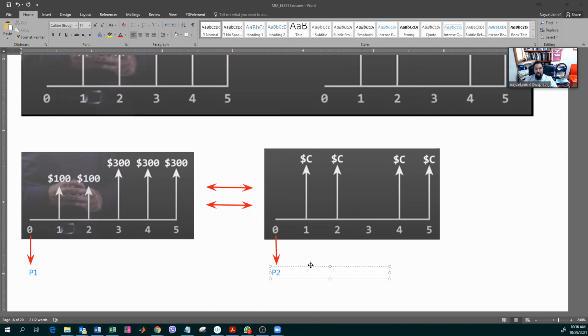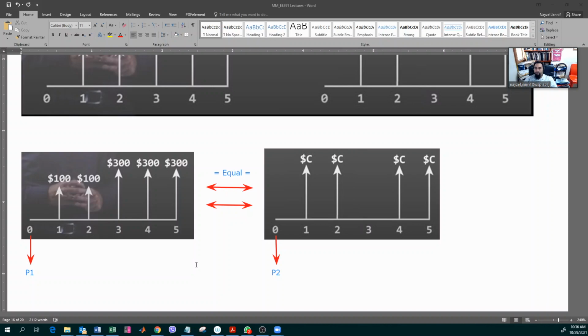Both must have the same present values, so P1 must equal P2. Another way of doing this problem is we find the future value in year 5 and both must be equal. I'm going to do it this way, guys.